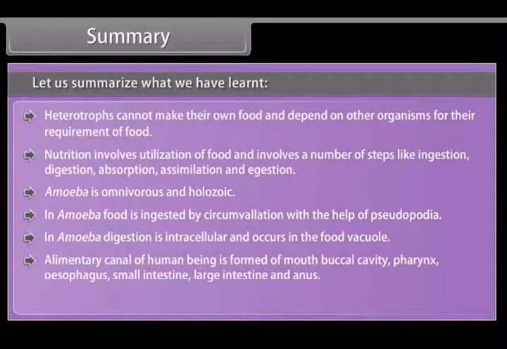Alimentary canal of human being is formed of mouth, buccal cavity, pharynx, esophagus, small intestine, large intestine, and anus. Teeth in man are heterodont.